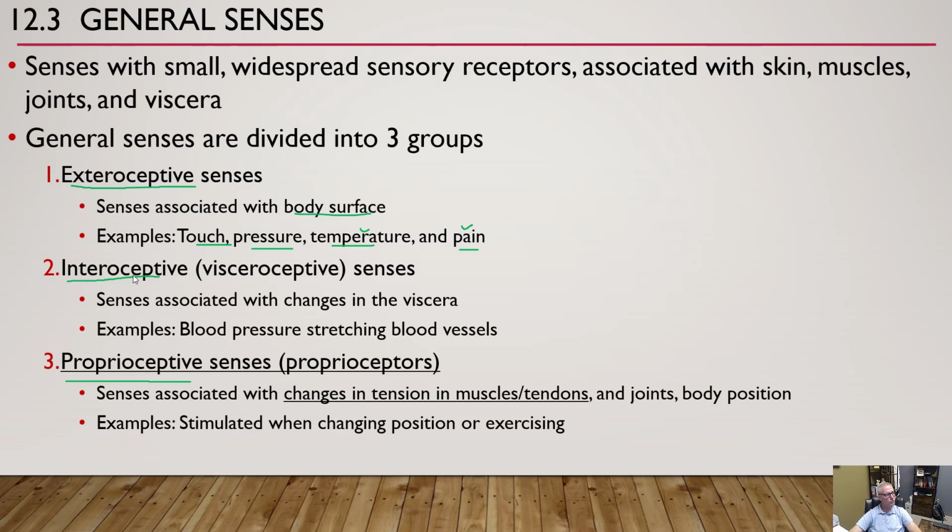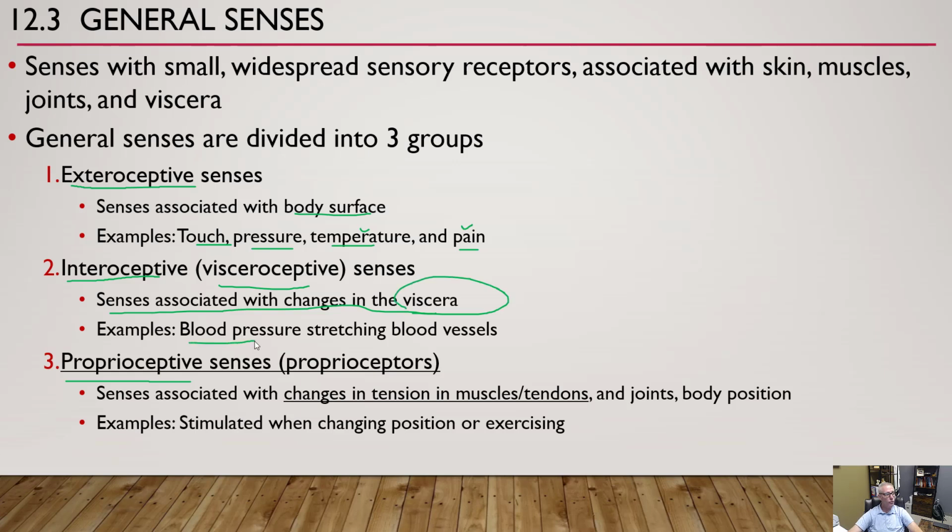Our interoceptive senses, we also call them our visceroceptive senses. Remember, viscero is kind of like our organs inside of our body. That's our autonomic nervous system. So those are senses associated with changes inside of our body, inside of our viscera.